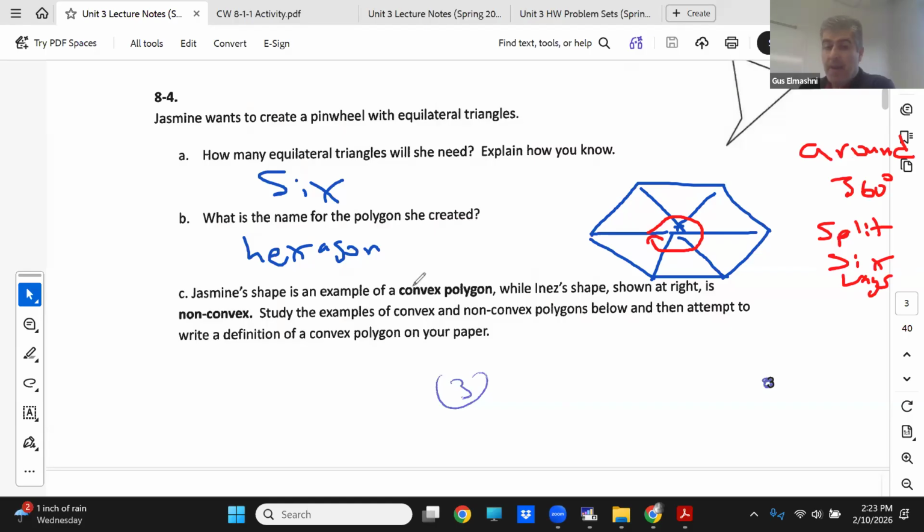So this is what we call a convex polygon. That's because it doesn't cave in, or any 2 points you draw within the polygon will stay fully inside the polygon.